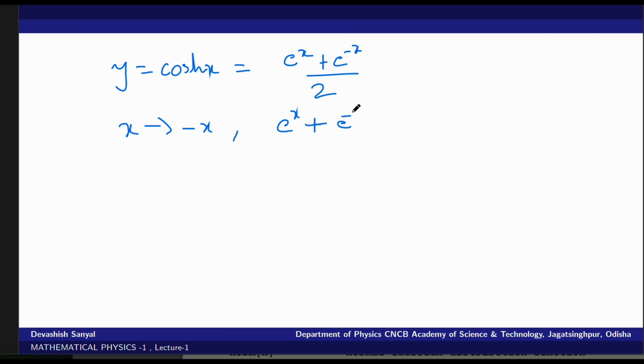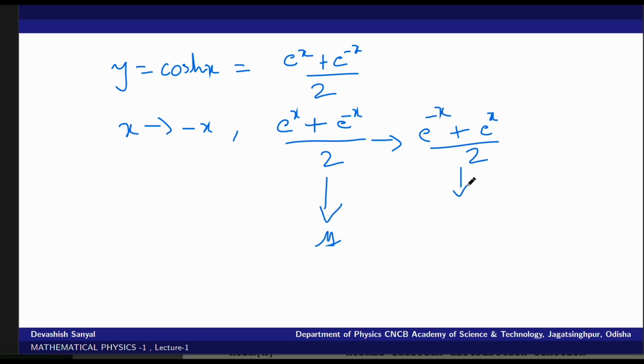This x will become minus x, so we have e to the power minus x plus e to the power x, by 2. So this is the same as before, this is also y and this is also y.